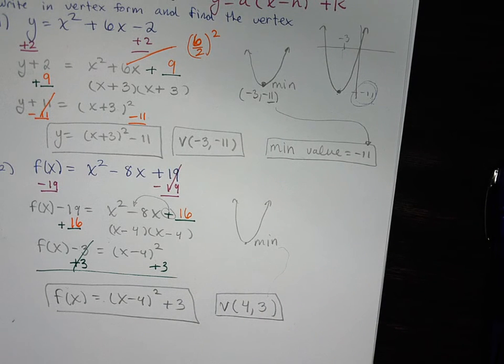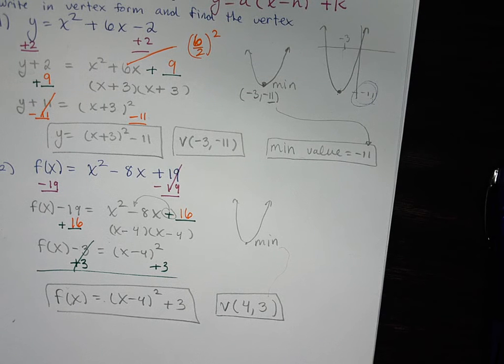Before I give you the one that has a constant in the front that we have to worry about, that was the question you had a second ago, I'm going to give you one more to try on your own. Any questions on 1 or 2 before you try one on your own?